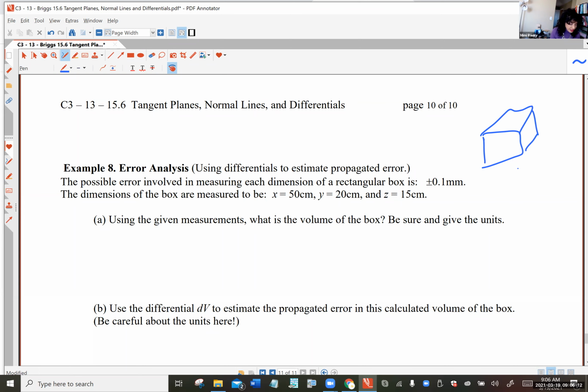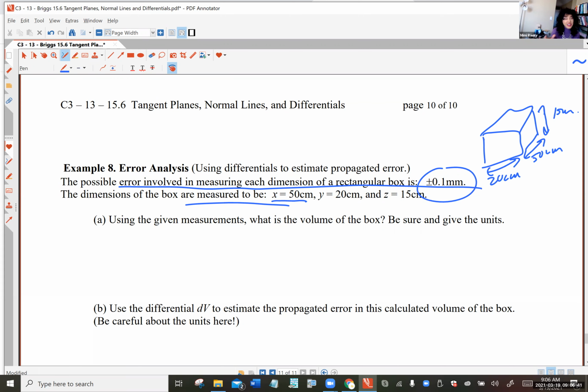Okay, so let's say your measuring tool, the possible error in measuring your box is plus or minus 0.1 millimeters, just because you don't have perfection with your tool. And let's say you measure the box, X is 50 centimeters, it could be like a length, say, and then the width is 20 centimeters, and let's say your height is 15 centimeters.